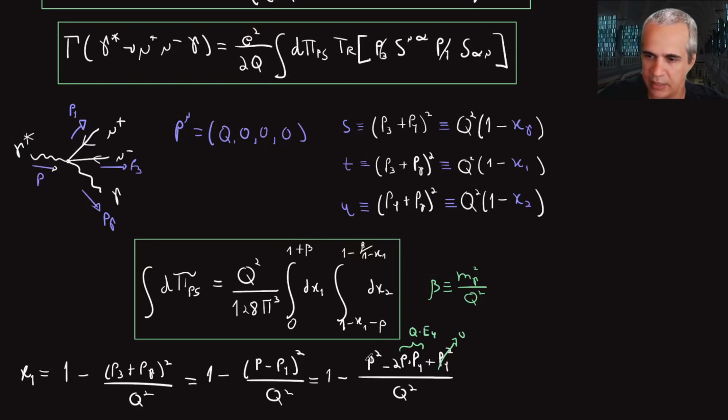And this guy is Q square, right? So here I have Q square over Q square, which kills that 1 outside. It's just 1 minus 1.